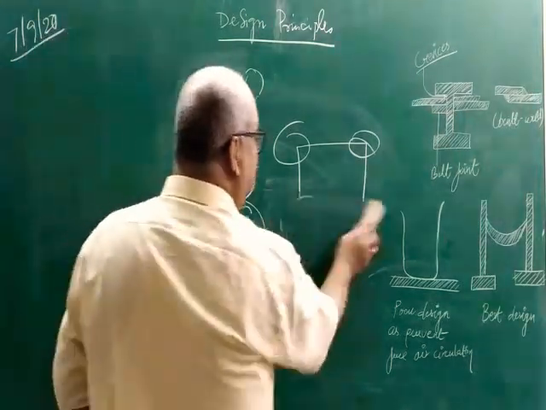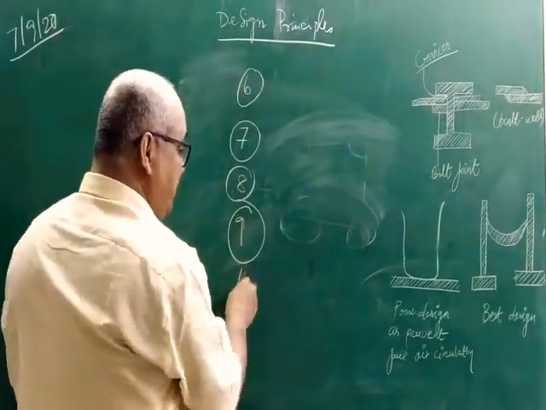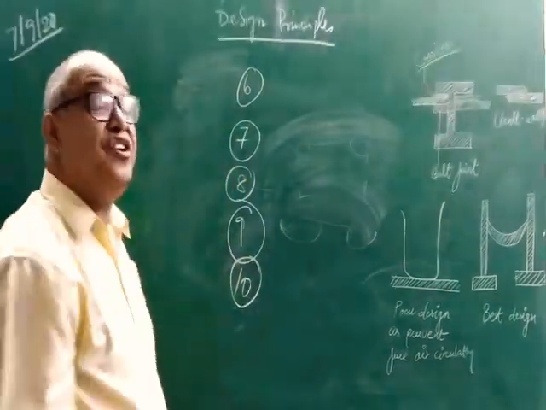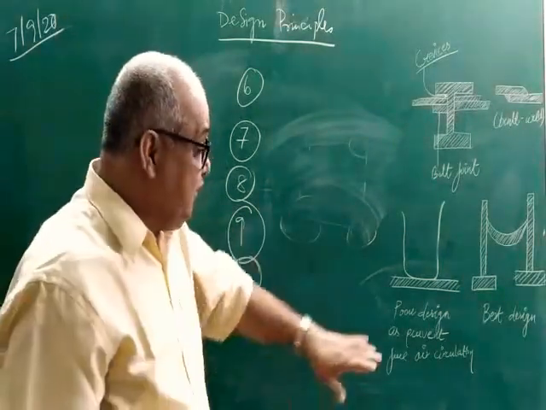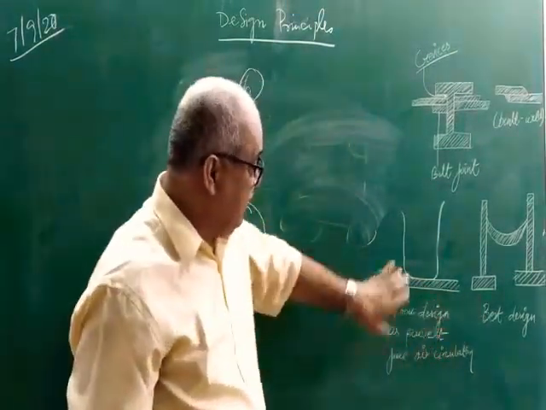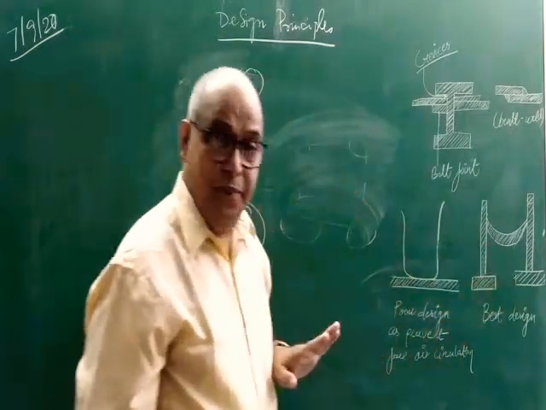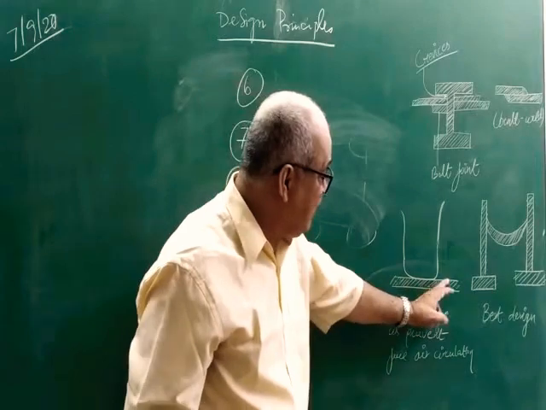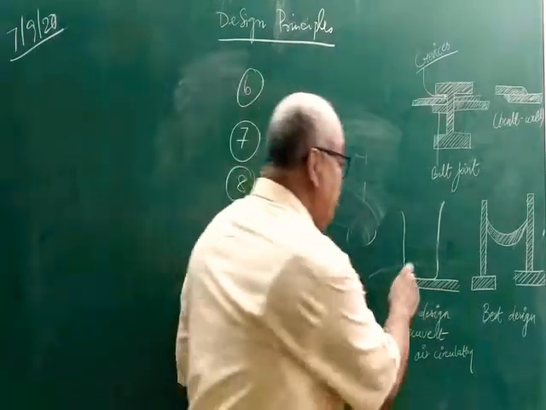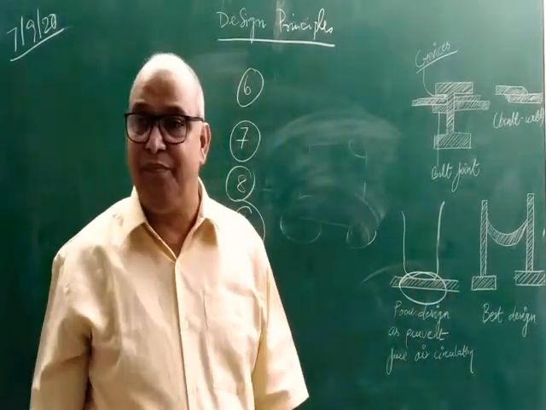Number 9, no, number 10. 9 is over. Number 10. We should go for a design which will ensure long legs. If there are two designs, this is one, this is another one. In this case there is no leg, and therefore in this area there is no air circulation, and this part will become very, very stagnant.